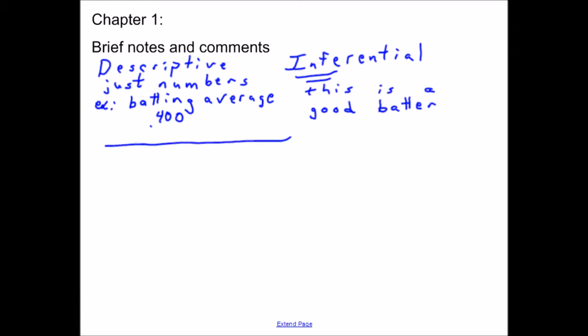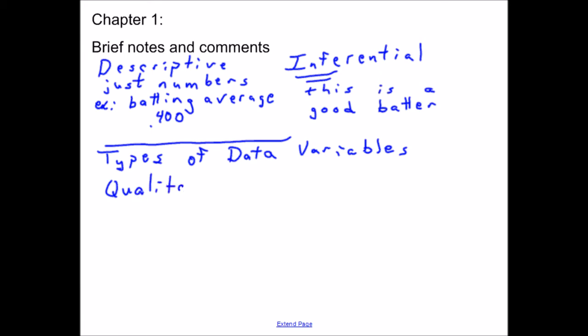Another item are types of data or variables. That would be qualitative, which is based on a quality or characteristic.